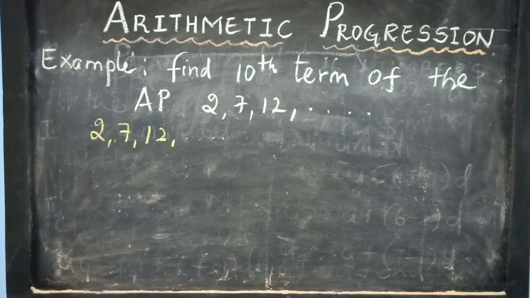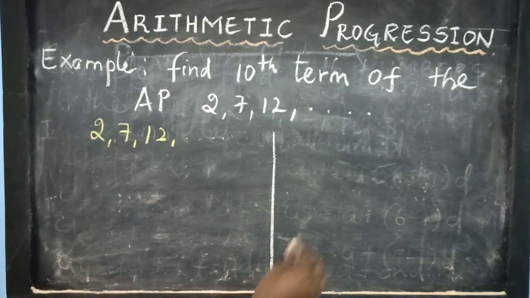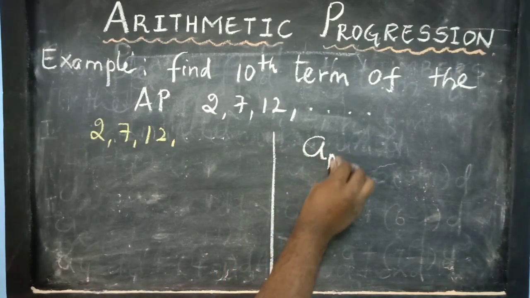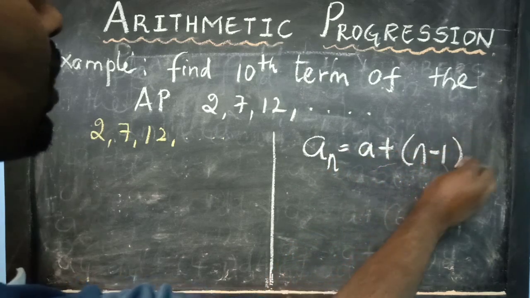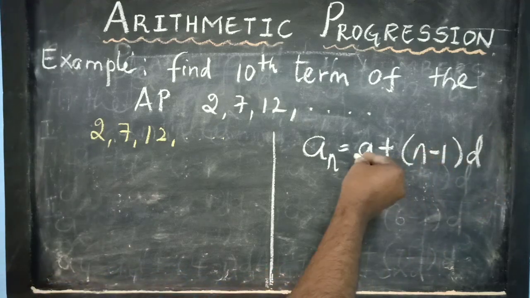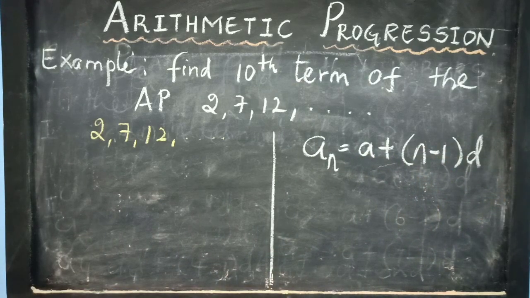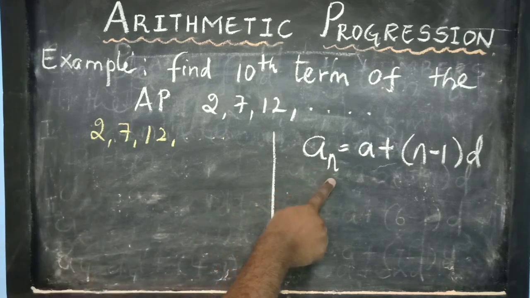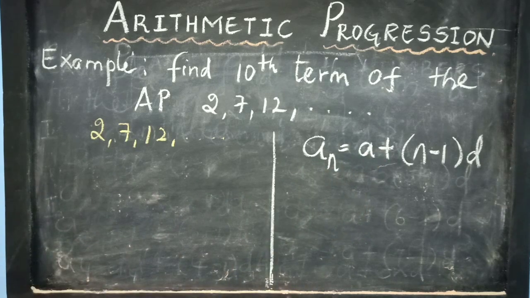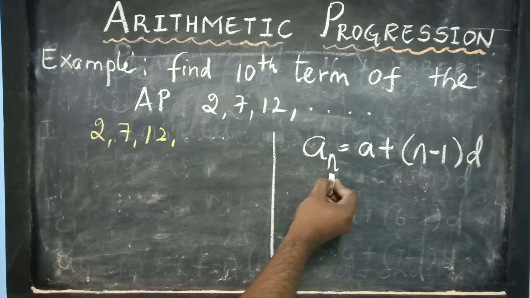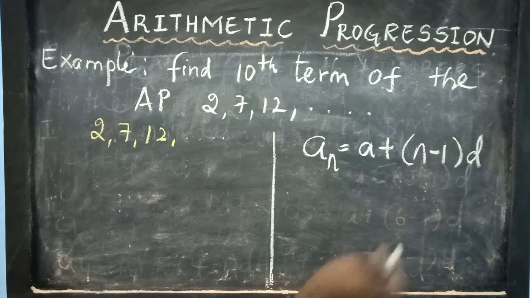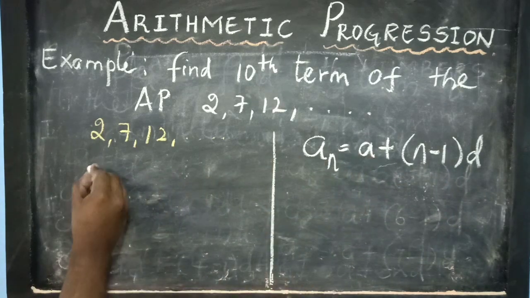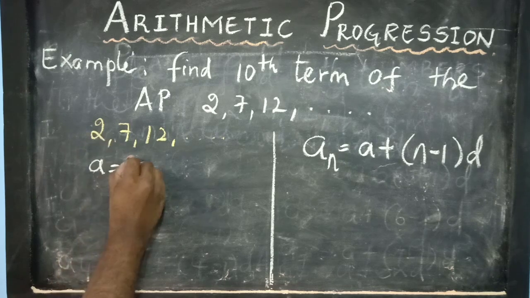Now, which formula should I use? The nth term of an AP is given by An equals A plus n minus 1 into D. Now, if you observe, the unknown terms are A, D and n. Now, how to find out A? A equals the first term, that is 2.